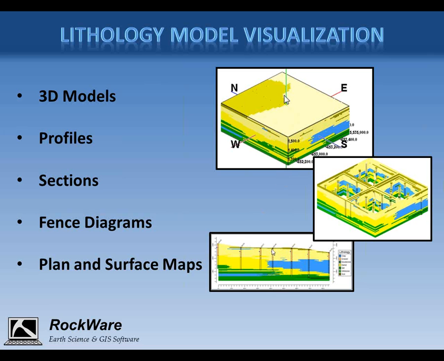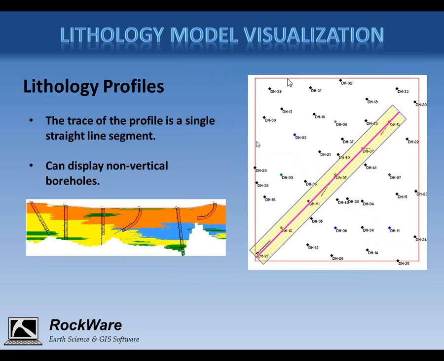We have profiles and cross-sections with an example shown down here at the bottom with the boreholes listed. We have fence diagrams, which are just showing our profiles in 3 dimensions. And we have some plan and surface maps, where we can take a slice through our 3D model, either on a horizontal plane or through a gridded surface.